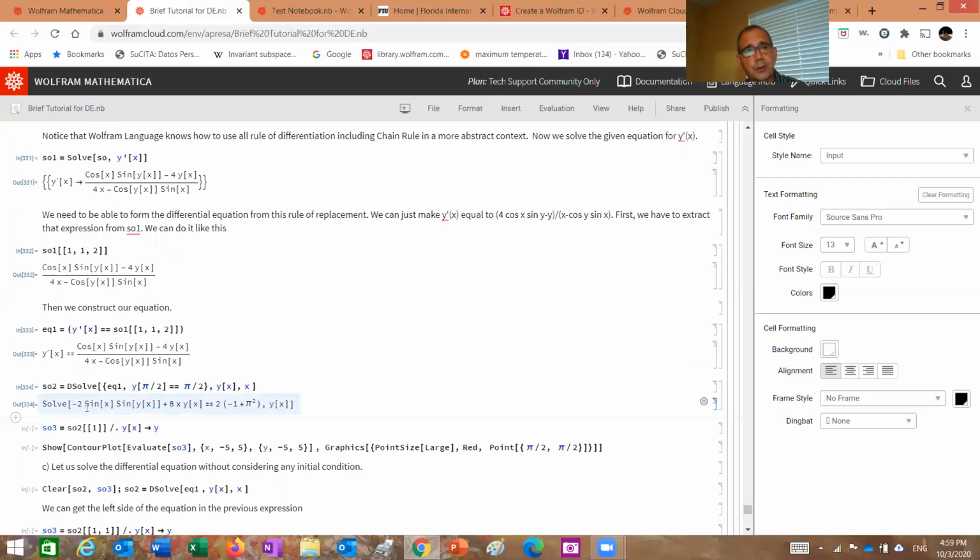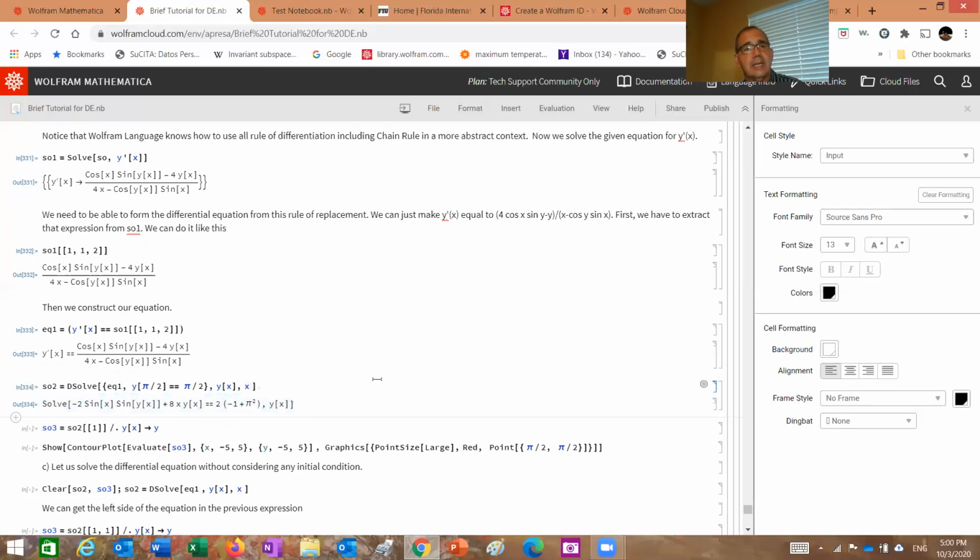But notice that it doesn't know how to solve for y of x in this case, because we have the y of x here, we have the y of x here. And as it doesn't know how to solve for y of x, it says that the solution is given by this implicit equation, but it says, solve this equation with respect to y of x.